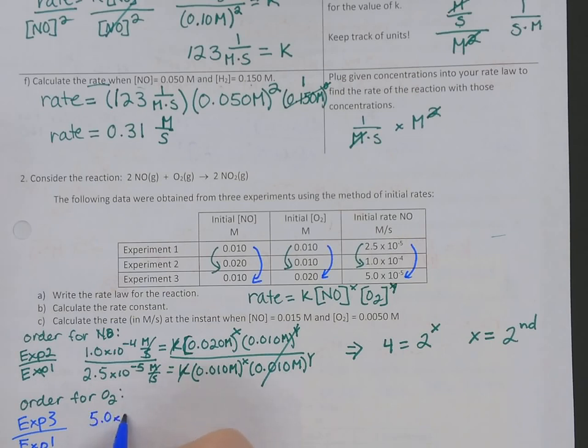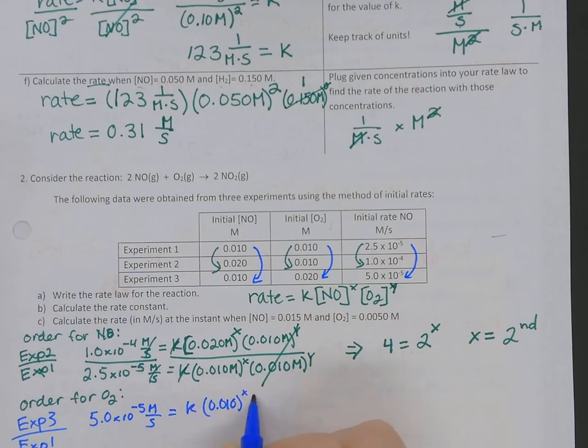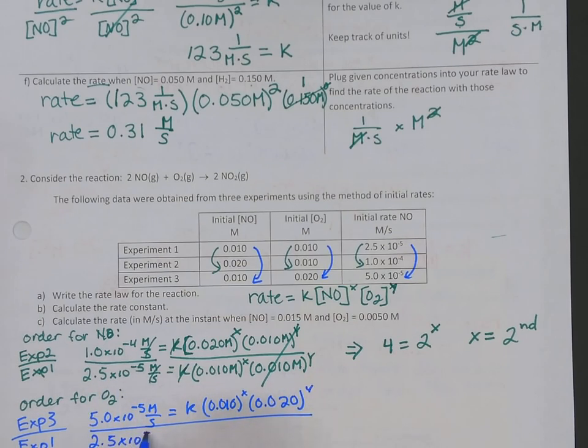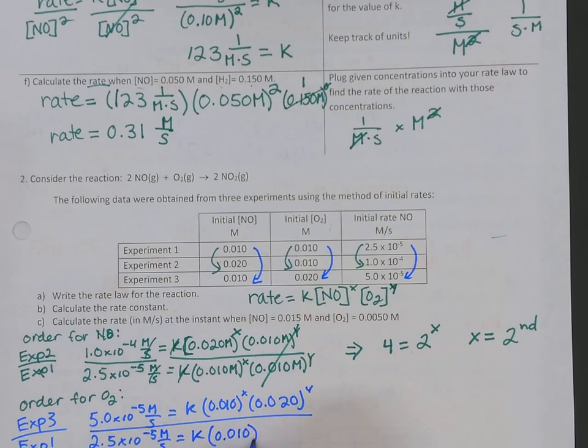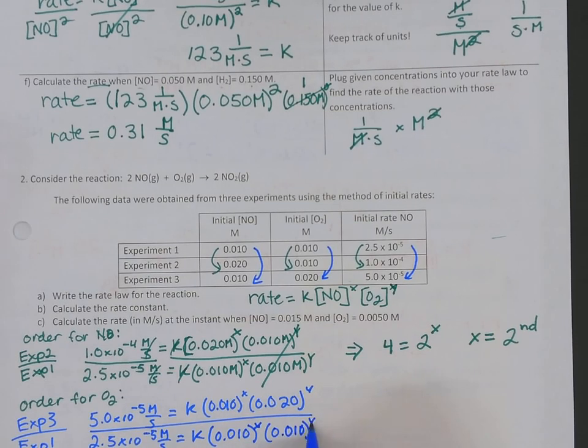Experiment 3 has 5 times 10 to the negative 5th, 0.010 to the x, 0.020 to the y, and we're going to basically do the same bottom as that one, 2.5 times 10 to the negative 5, 0.010 to the x, and 0.010 to the y.